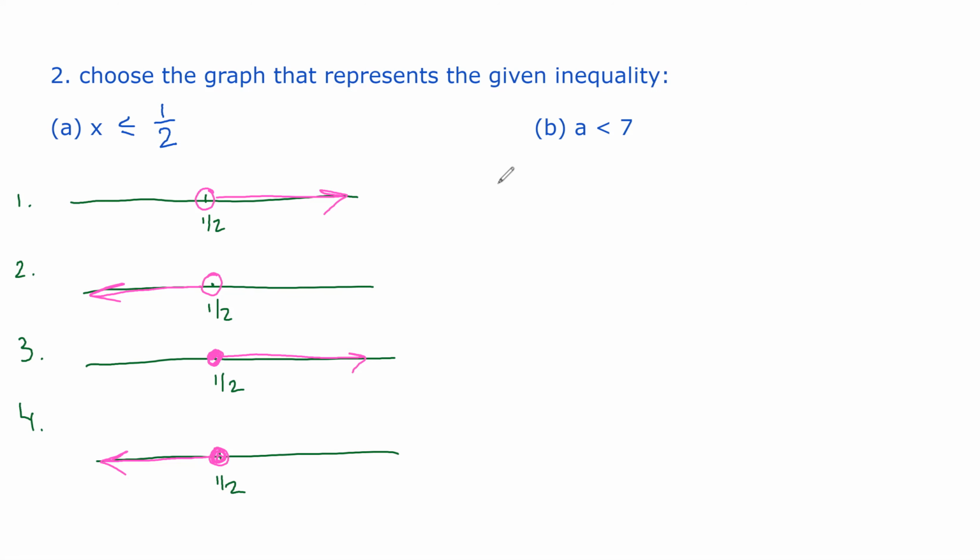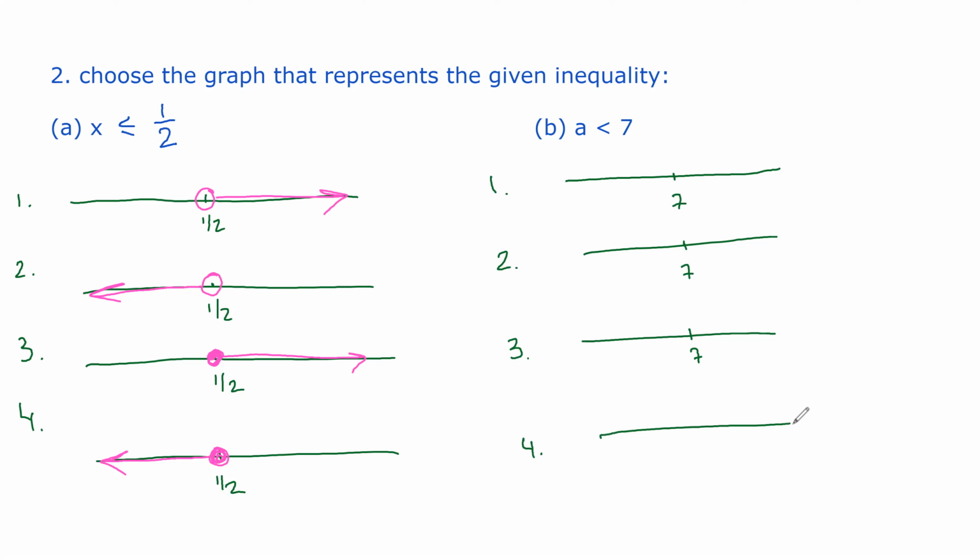Okay. So 1. This is 7. And then let's do the graph.